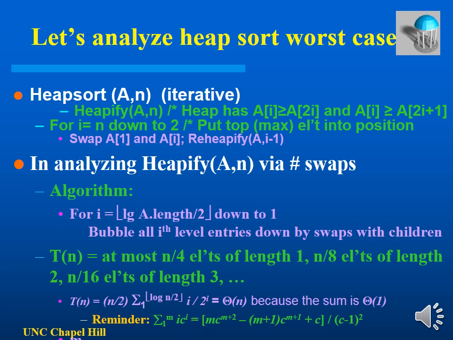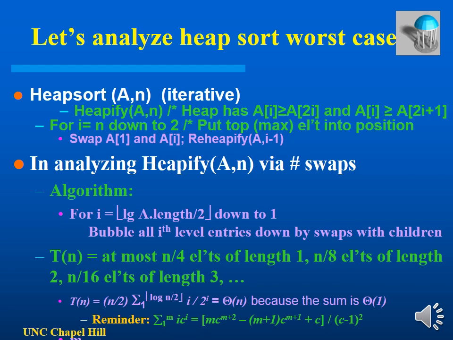We can look at that sum evaluated for m equals infinity, and we see that it is a constant. That is to say, it's independent of n. And so while the sum, only up to log n, is dependent on n, nevertheless, it's bounded above by this constant.